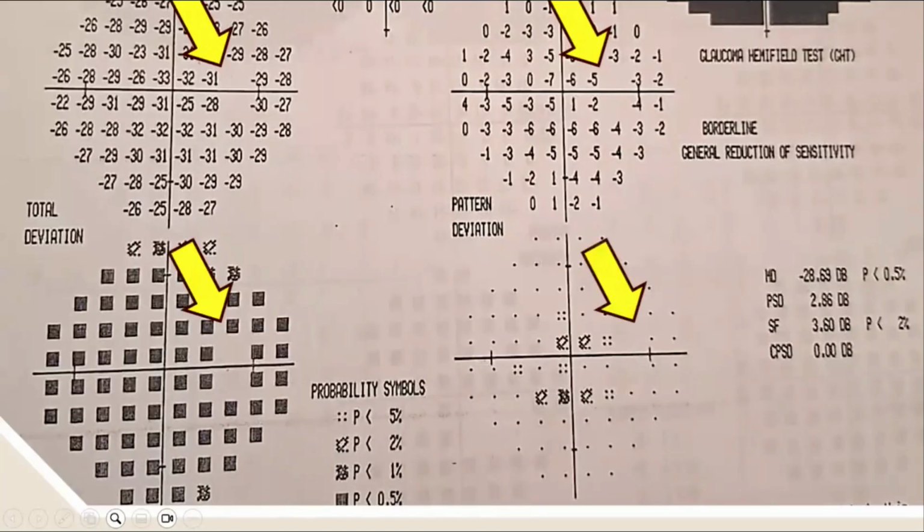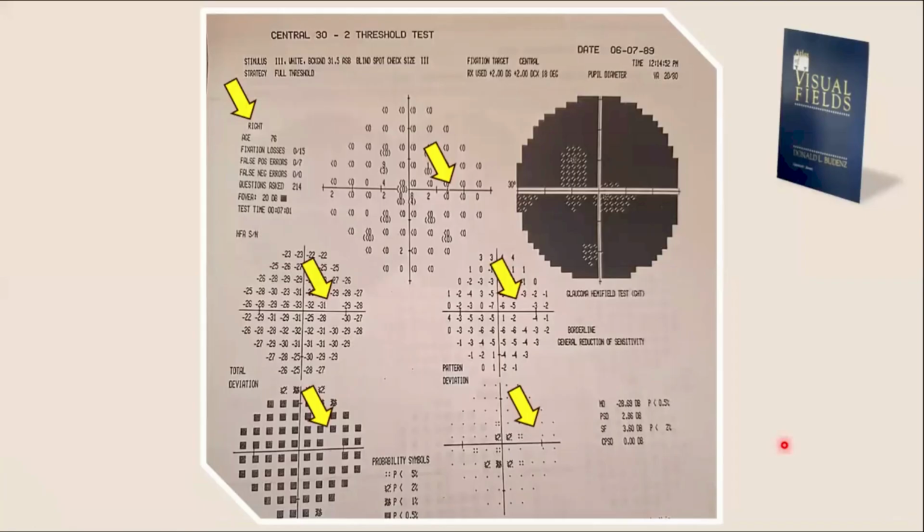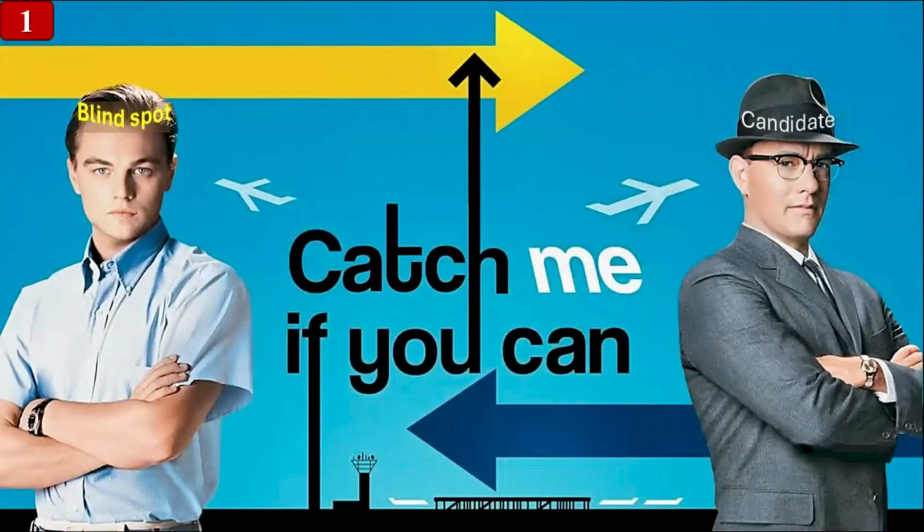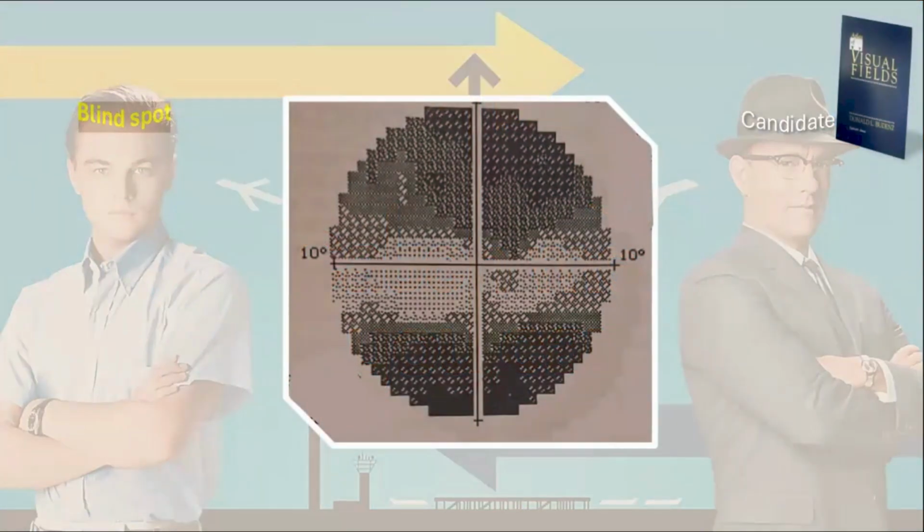So many things actually show the side. The message here is whenever you are commenting on the visual field, don't forget to mention which visual field, okay? So there are some basic points at the beginning, like which visual field, is it reliable or not, before you jump into the defect itself or describing the defect. Again, still in the first question, catch me if you can. What is the blind spot?